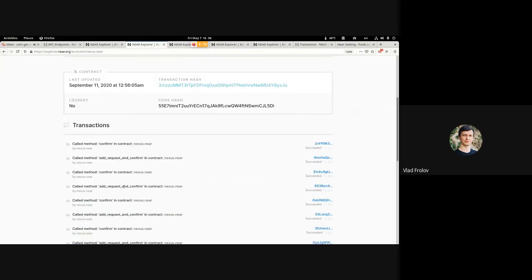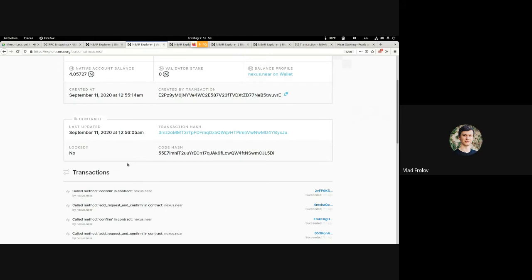There is a contract that implements this 2FA process. There is a method add request and confirm, where you add your future request that you want to execute later on the blockchain. And then once you do receive the SMS or a code from your 2FA device, it will submit a second transaction to your account with this confirmation.